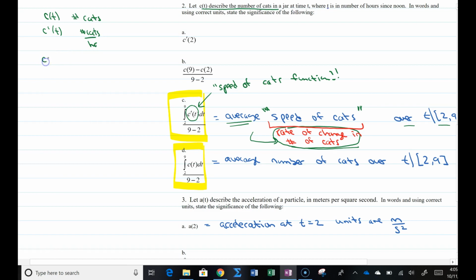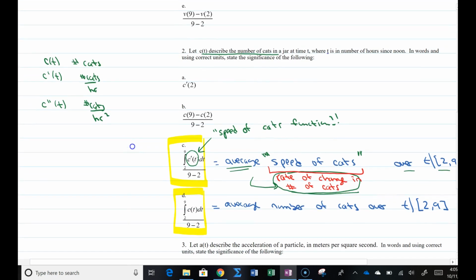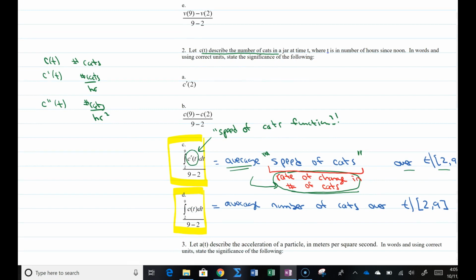And then c double prime of t would be number of cats per hour squared, okay? And so, as you see, if we head in this direction, our units change as such, right? We go cats per hour, hour, which is cats per hour squared.